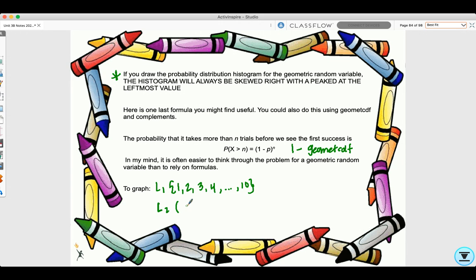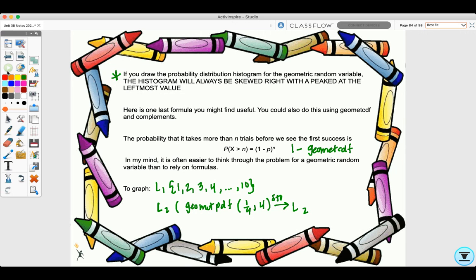So this in parentheses you would do on your home screen, geometpdf(1/6, 4), and you would press the store key, STO, and that store key is right above the on button, and you would store that to list 2. And you do this on the home screen, and it will be automatically stored to list 2.